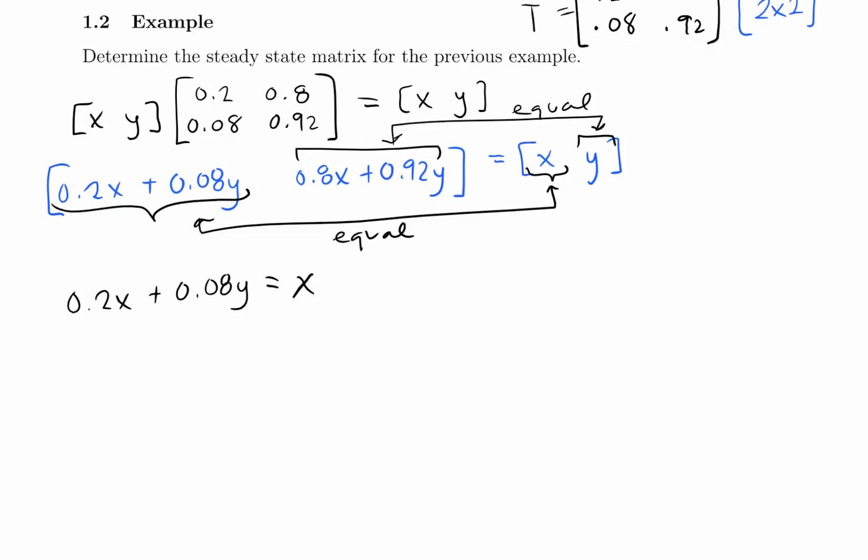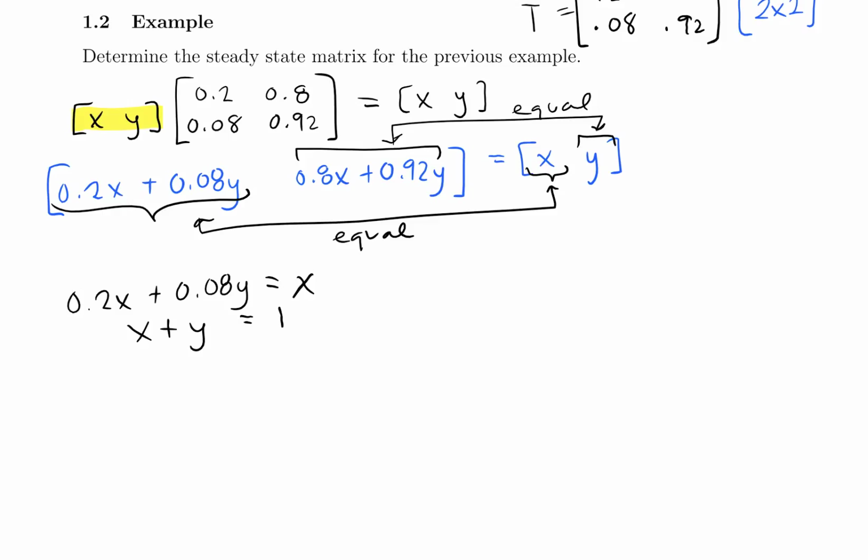Now we also have another fact, and this is important to recognize. The original matrix (x, y) is a state matrix, and so that tells us that if we add up the row x plus y, we should get 1, because x and y are probabilities, not just random numbers.